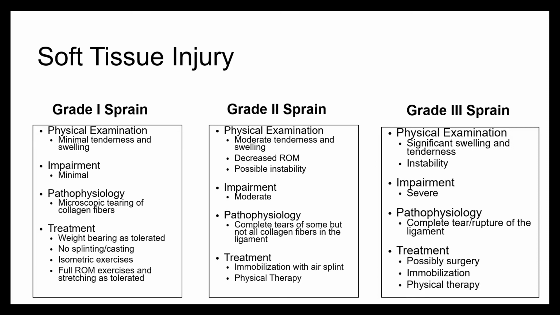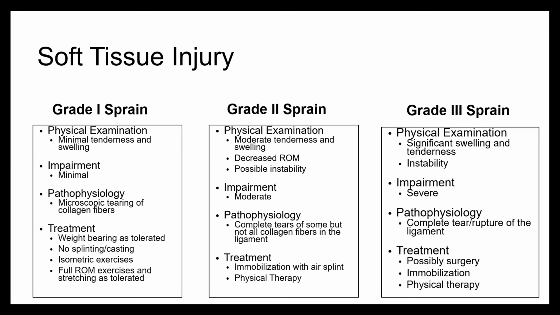As you take a look at this slide that I developed, I broke it apart according to what the specific differences were with each of 4 criteria. First, what's the difference in the physical examination between a grade 1 and all the way up to a grade 3? Well, if we look at the grade 1 example, we find that there's minimal swelling or tenderness. So certainly you understand that a grade 1 sprain is the most mild degree of a sprain versus the grade 3 sprain is going to be the most significant or the most extensive degree of injury in regards to a sprain injury.